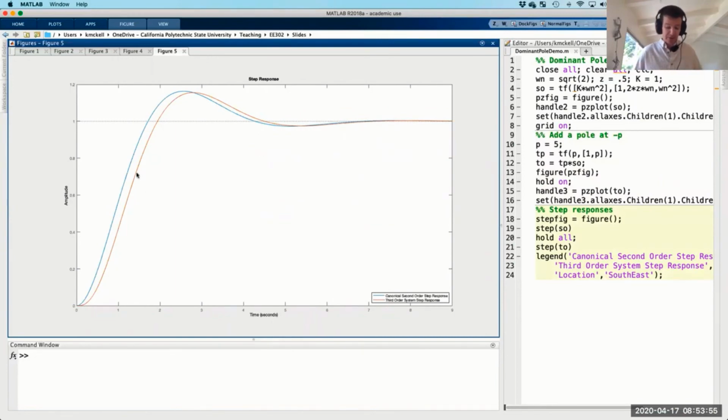The orange curve is the full third order step response. The blue curve hasn't changed for this entire lesson. The blue curve is the step response of just the second order approximation. The orange curve is now dramatically later in its rise, lower in its peak, longer in its peak time, and its settling time is also going to be appreciably longer.